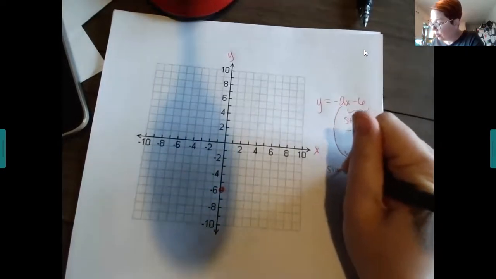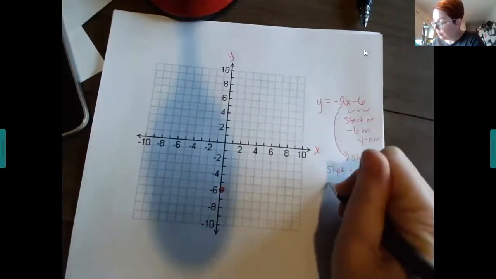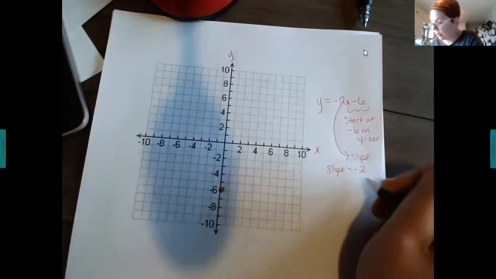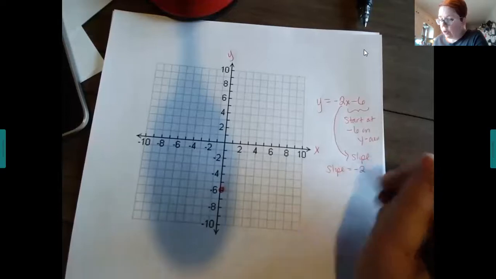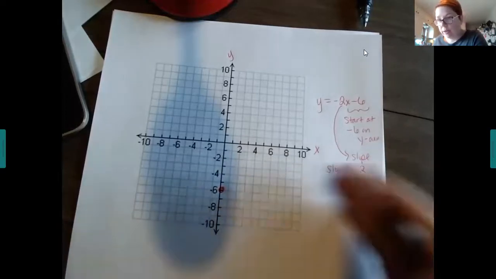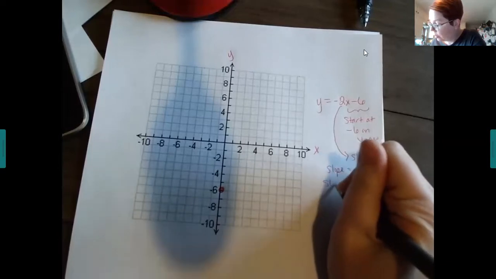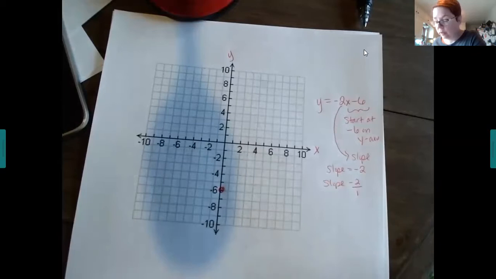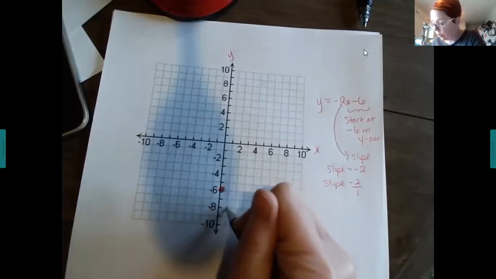If our slope is -2, that means I need a rise, or fall in this case, since it's negative. I'm going to fall 2, and I have to know how much to run. Remember, rise over run. So our slope, to give it a bottom, will be -2 over 1. That means from this point, I'm going to go down 2 over 1.